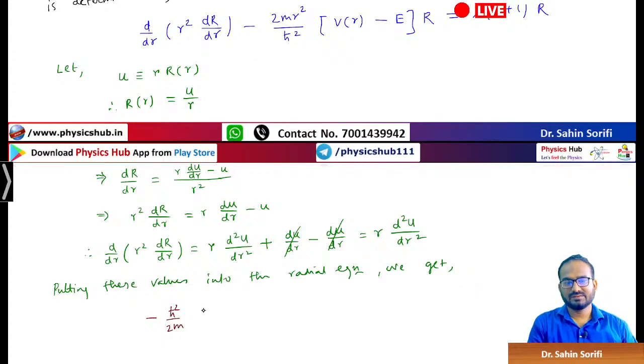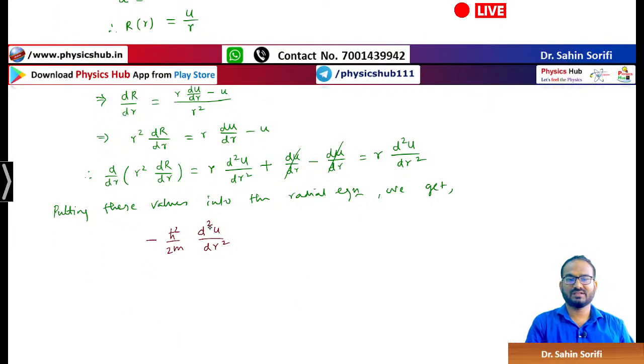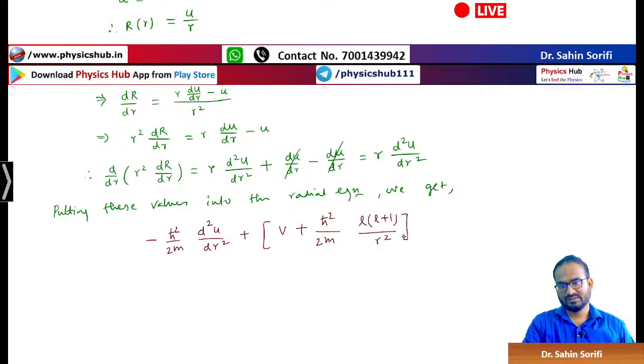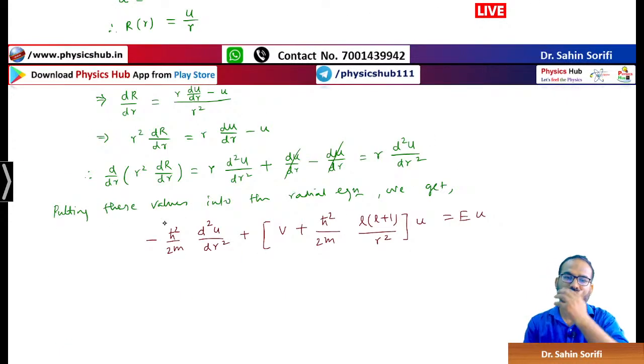So that r is divided and absorbed in other parts, plus V plus h-bar squared by 2m L times L plus 1 by r squared times u is equal to E times u. If you make it free of r and adjust the calculation, you will get this kind of expression.